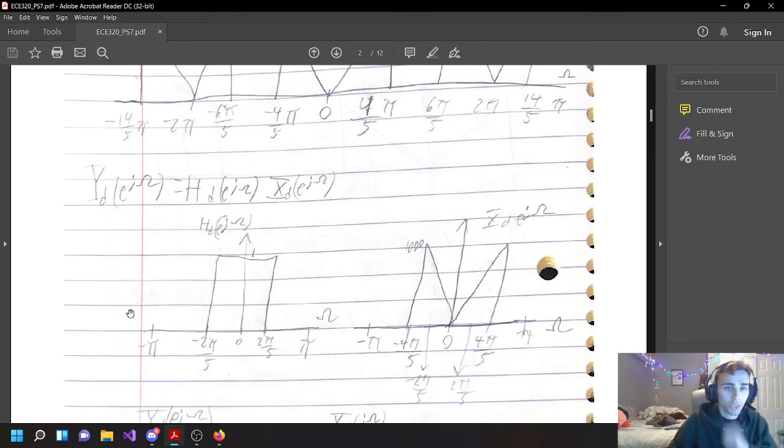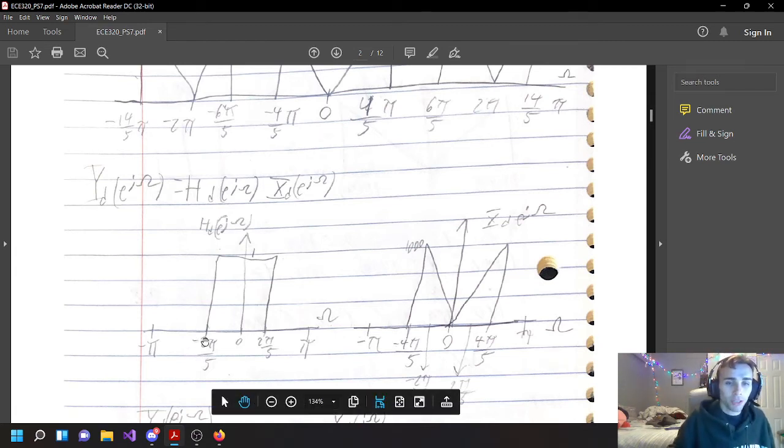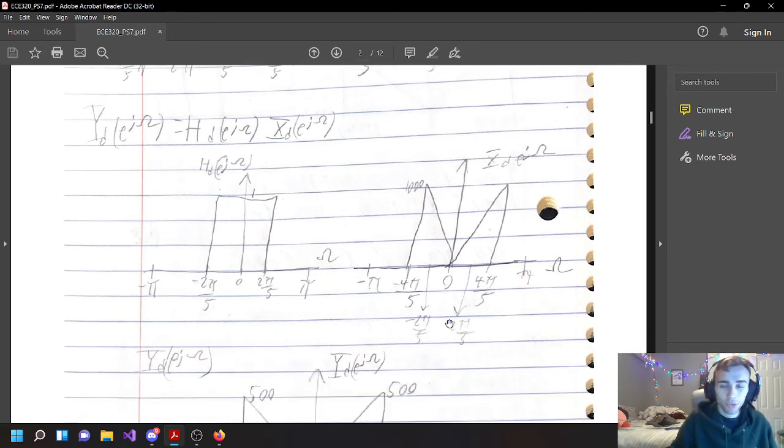Then we're going to do the discrete output, and for the discrete output it's really easy actually. We have our filter, and we have 2 pi over 5, and everything else is 0 except when it's 2 pi over 5 or negative 2 pi over 5, where it equals 1. So we multiply that by our discrete signal.